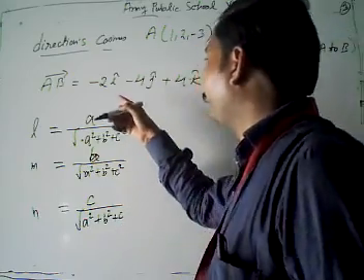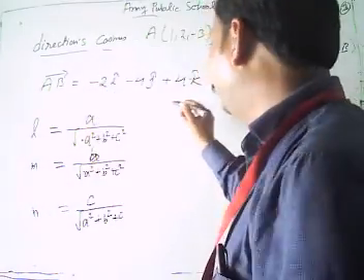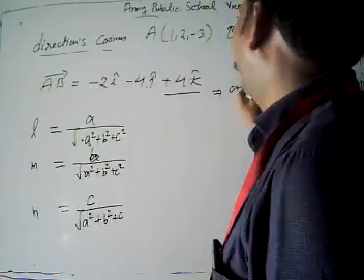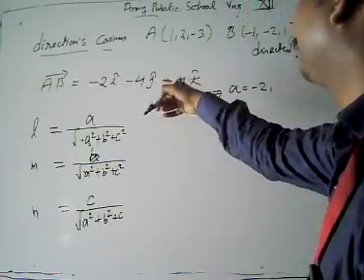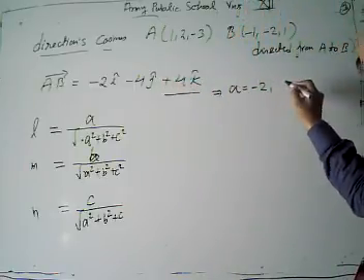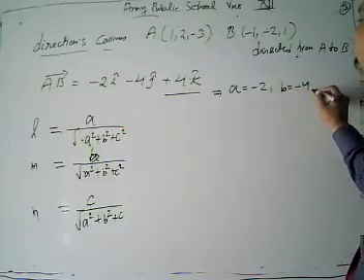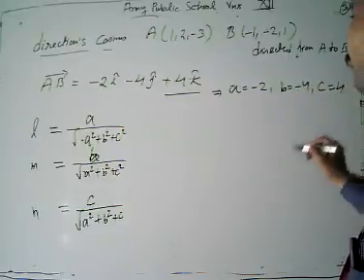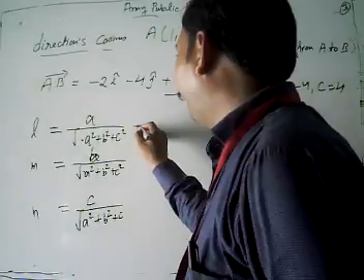Now look, here a is minus 2, b is minus 4 and c is 4. These are our direction ratios. One by one, we get the value of l.